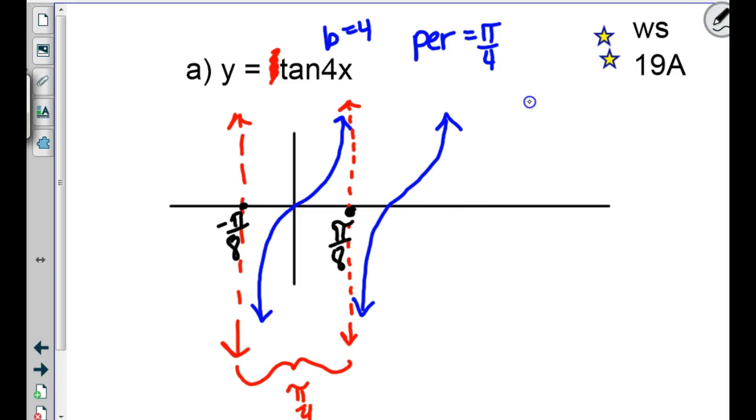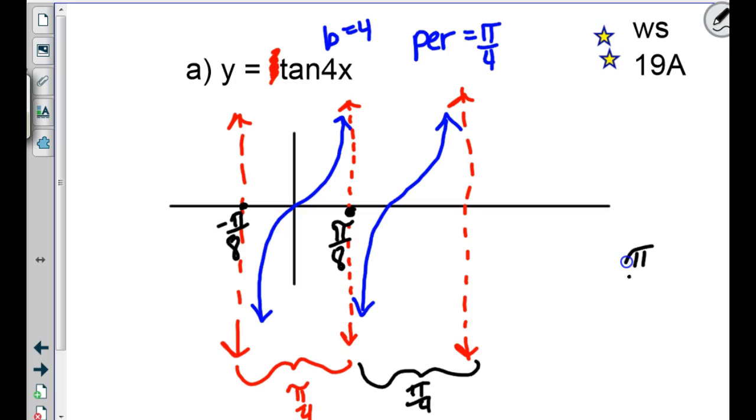Where would the next one be? Does anybody know? What would we add on? Well, I got to think about it too. We'd add a pi over 4 on, right? As this length is again pi over 4. So, yeah. Pi over 8 plus another pi over 4. Well, this would be 2/8. So we'd get 3 pi over 8.